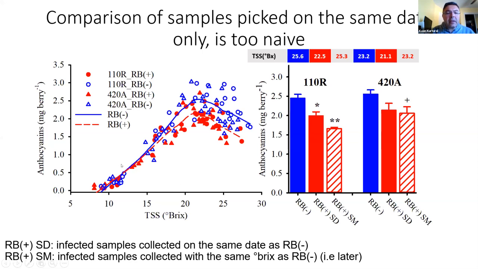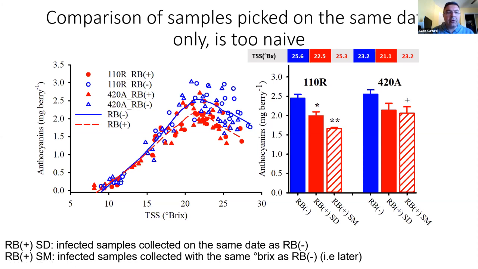So in this case, we compared total soluble solids evolution to anthocyanin evolution in red blotch positive and red blotch negative vines. As you can see, red blotch positive vines, indicated by the red regression line, never reach a proper biosynthesis of sugar.